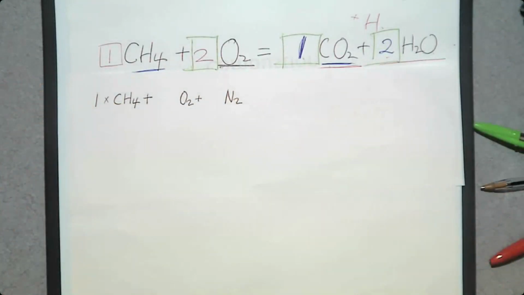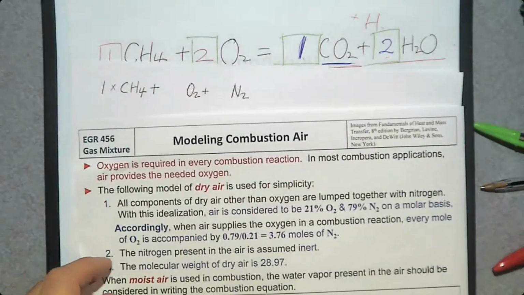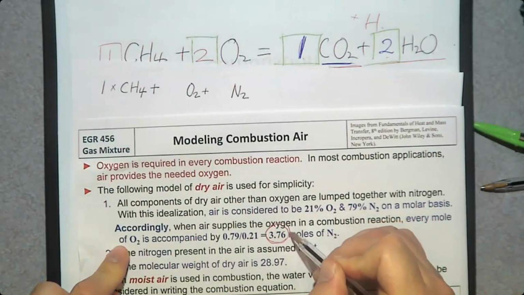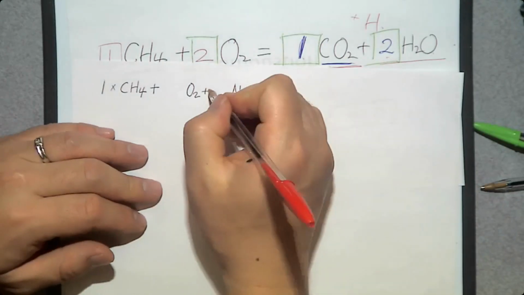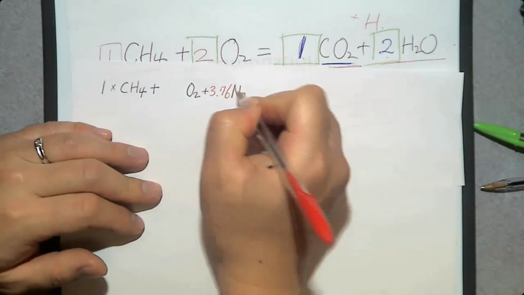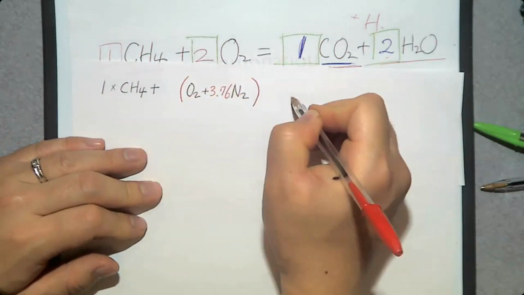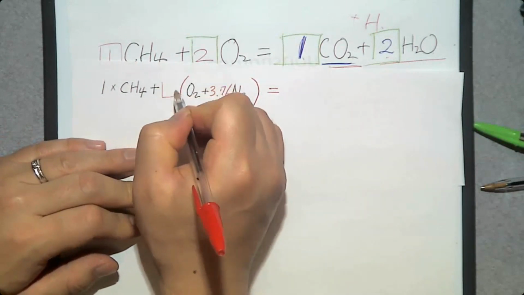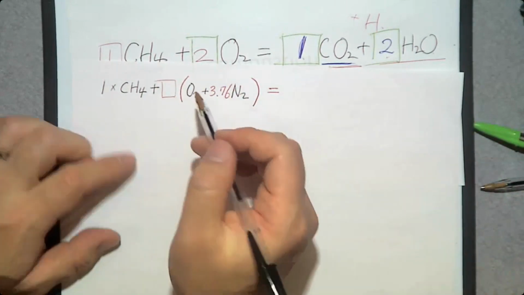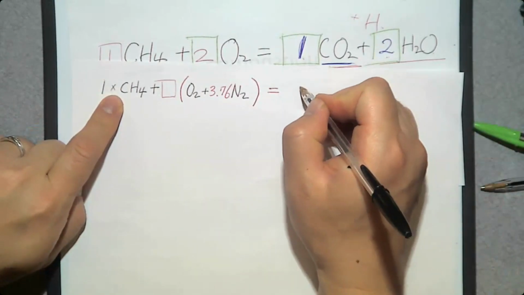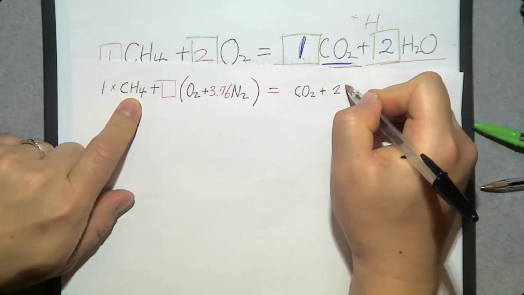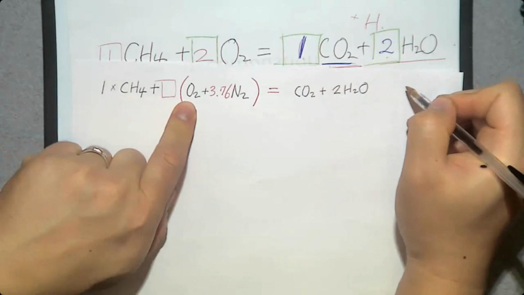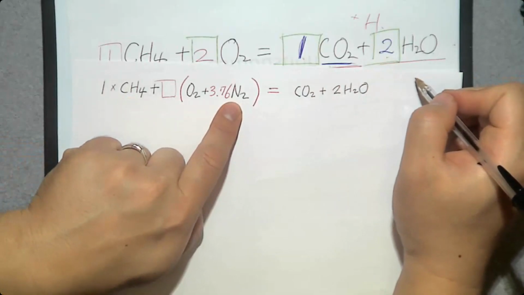And what is the ratio between oxygen and nitrogen? 1 to 3.76. So for each mole of oxygen, there are 3.76 moles of nitrogen. Then we have only one carbon here, so we can create one carbon dioxide. We have 4 hydrogen atoms here, so we can create 2 water. And nitrogen is not going to react.